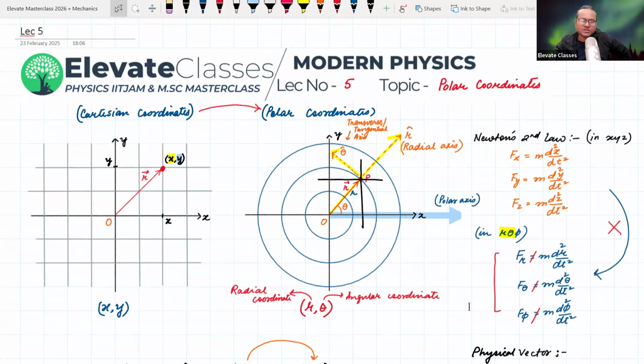And when we talk about rotation, we talk about radial distance, we talk about angular displacement. So the mathematics is kind of similar.